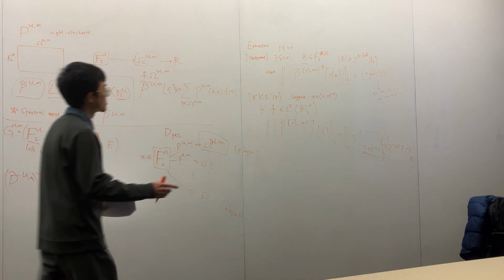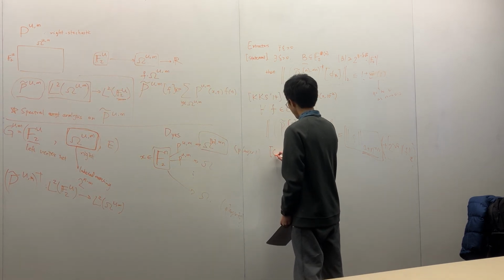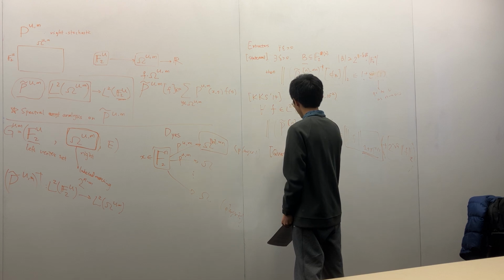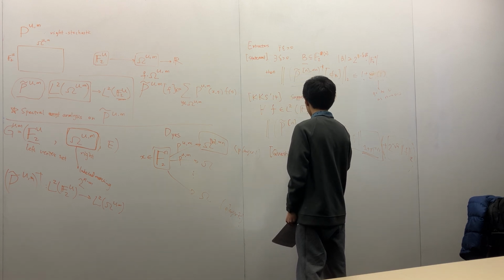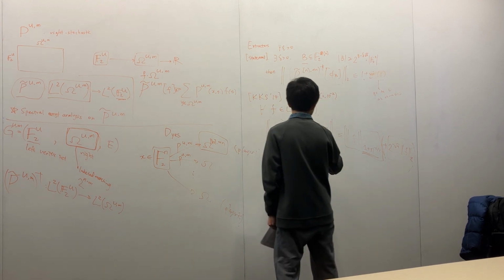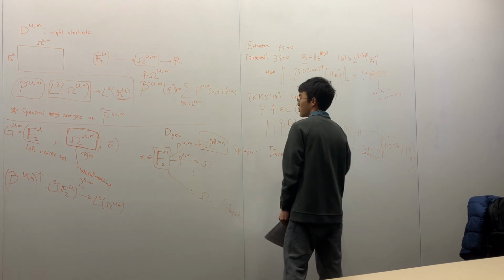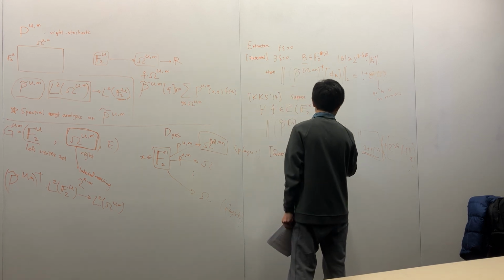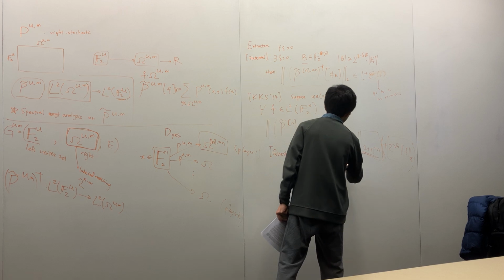So the natural question is: is the reverse of this, the adjoint of this, the pullback operator that we started with, also hypercontractive?